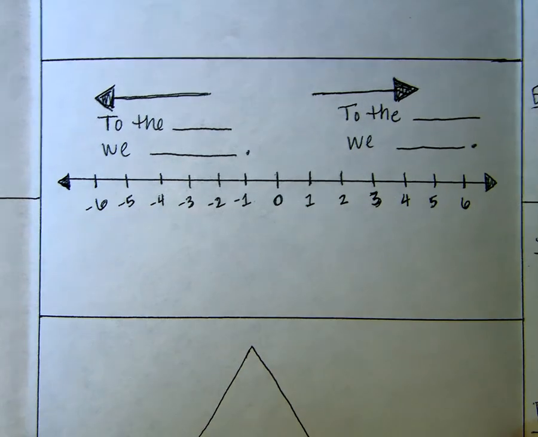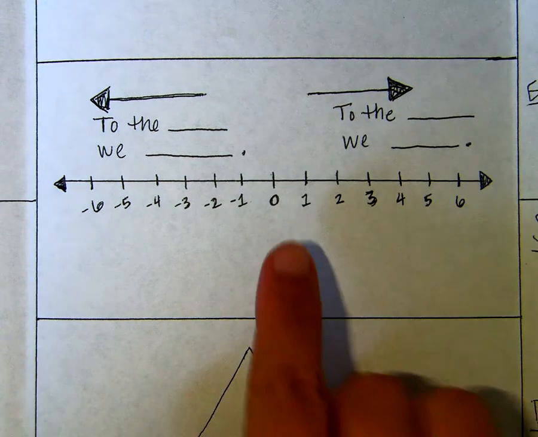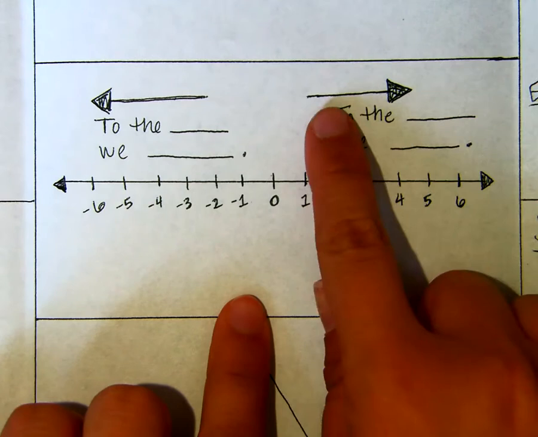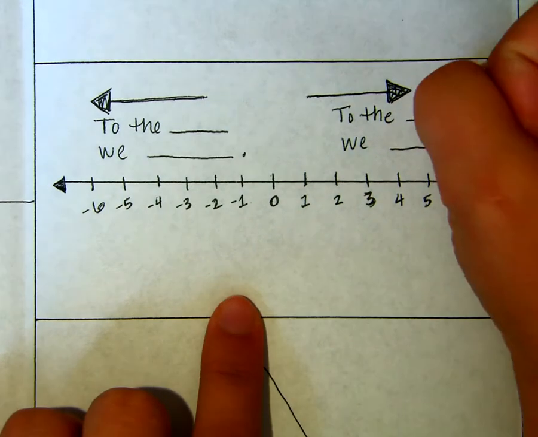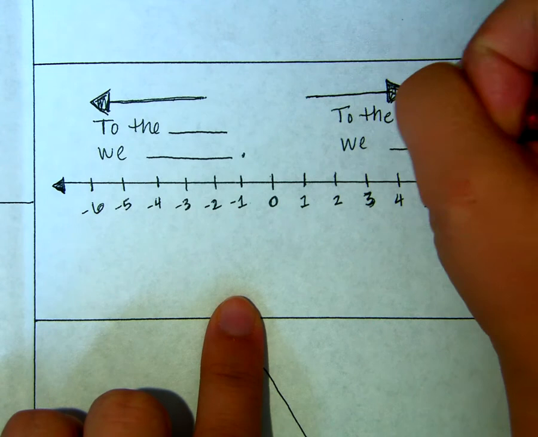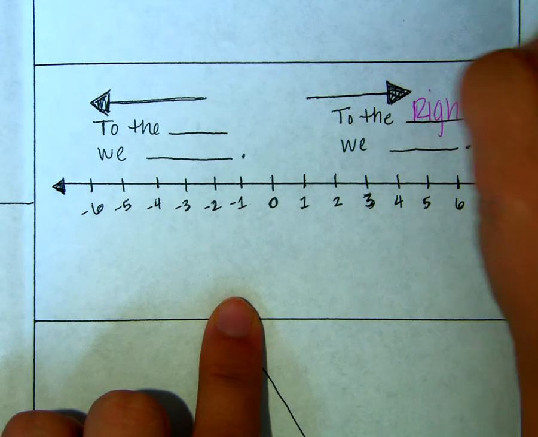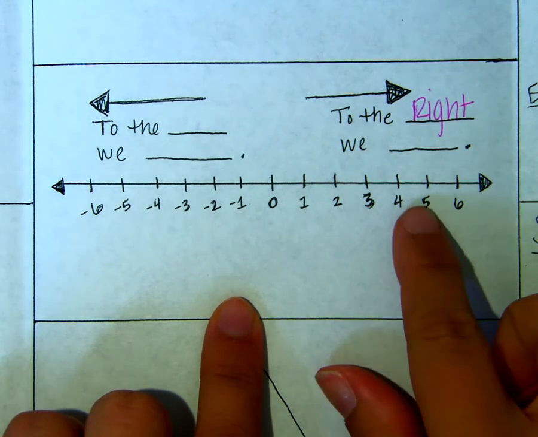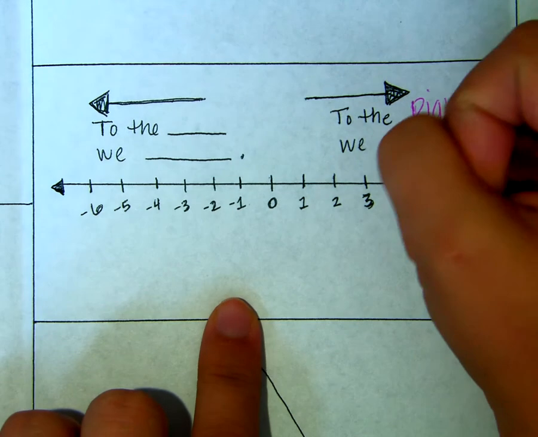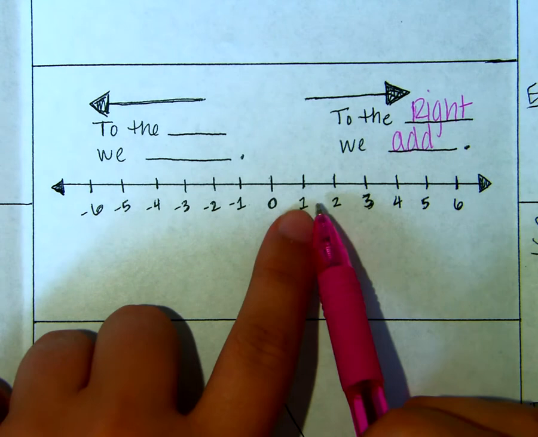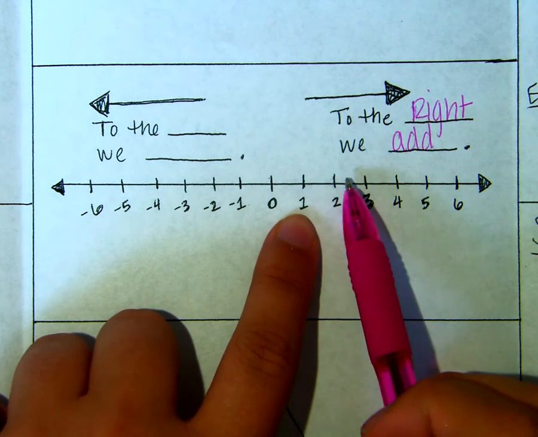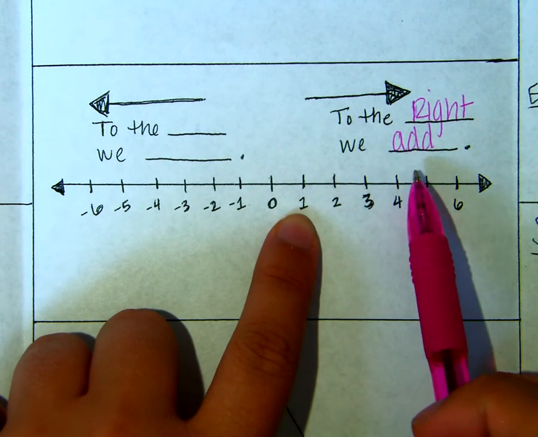First thing we're going to look at is our number line. Remember, on your number line, as you move to the right, we are adding. So if you start at 1 and you're moving to the right, your numbers are increasing, so we are adding.